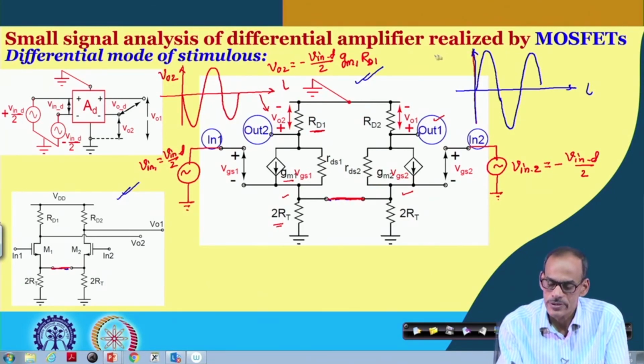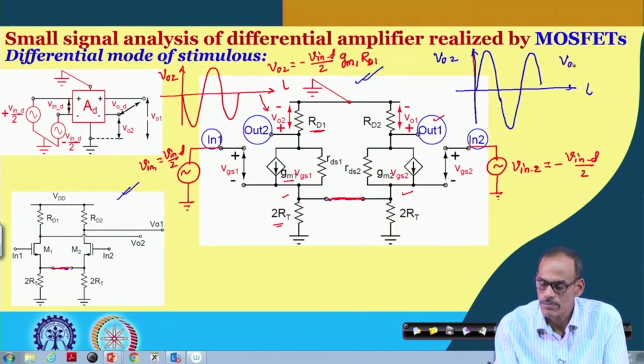So, this is VO2, and VO2 is equal to V in D by 2 GM2 into RD2.